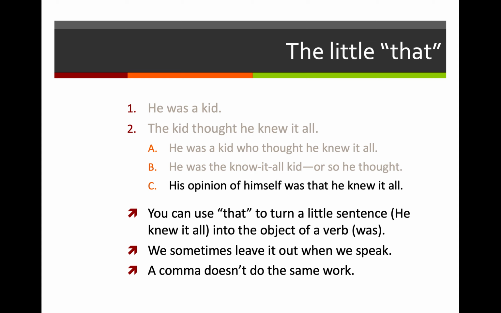Now a word about that little word that. The little sentence on the end, he knew it all, could be a sentence by itself, but we use that word that to turn it into something that can be the direct object. In this case, it's the direct object of was. We sometimes leave it out when we speak. A comma doesn't do the same thing. A comma does not say join together a sentence and another sentence. A comma is a separator.